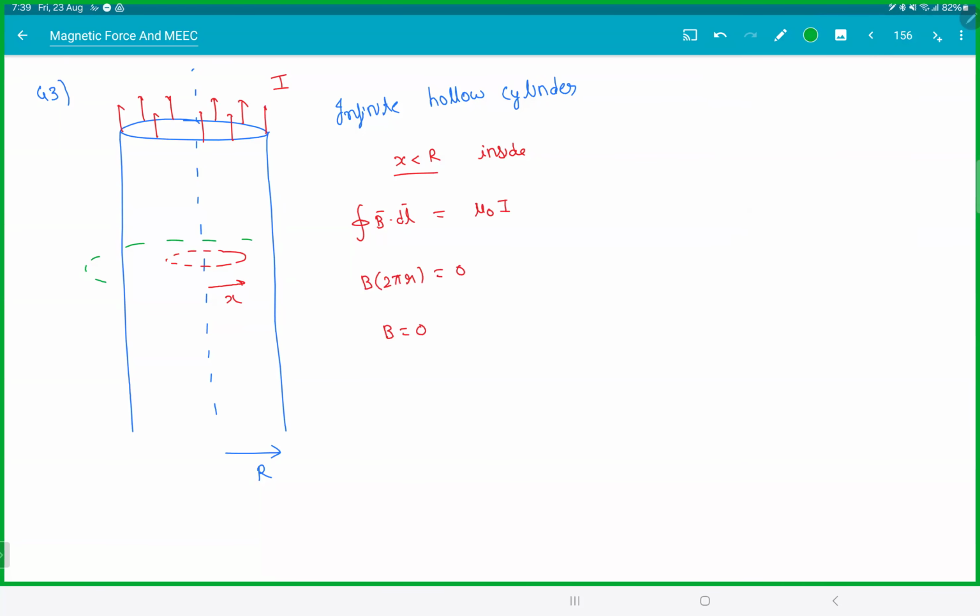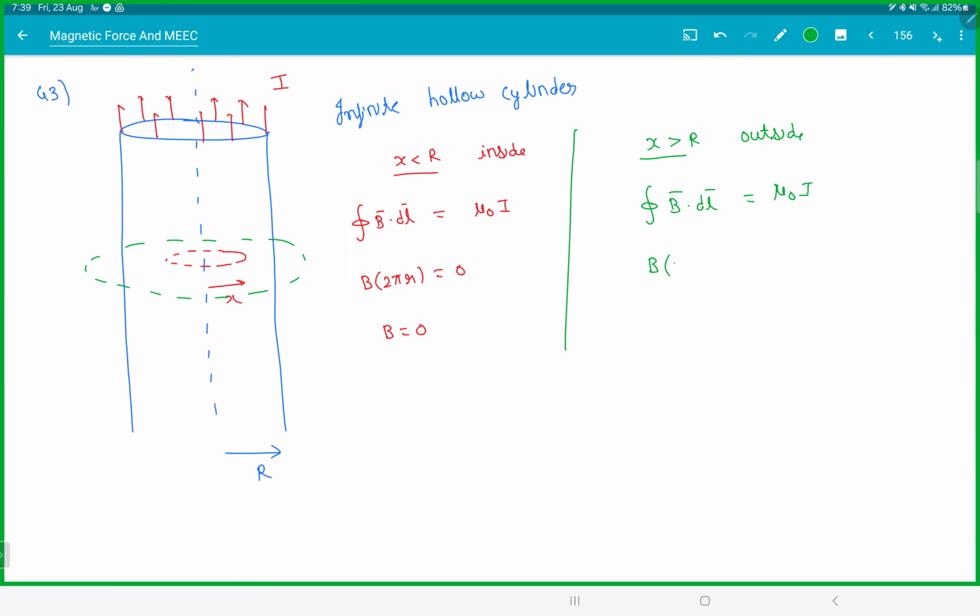Then consider an Ampere loop outside, that is for x greater than R. Here when you take integral B dot dl, now all the current is crossing the loop.